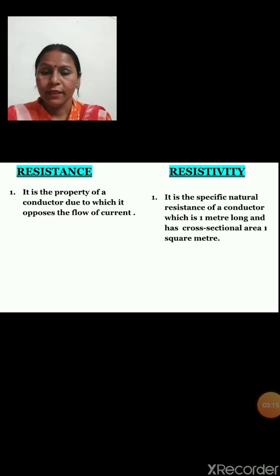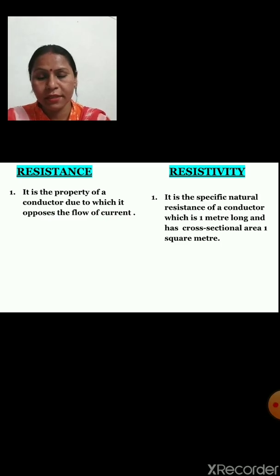Now children, as the students are getting confused by the terms resistance and resistivity, I am giving you the difference between them. What is resistance? It is the property of a conductor due to which it opposes the flow of current. What is resistivity? It is the specific natural resistance of a conductor which is 1 meter long and has cross-sectional area 1 meter square.